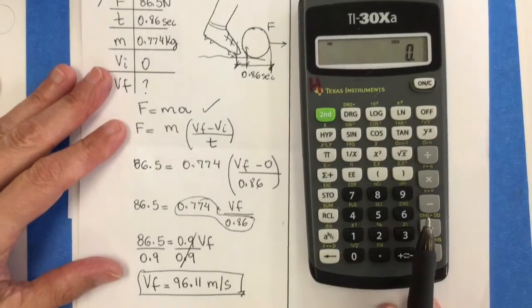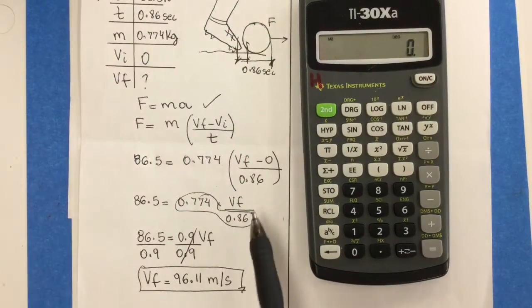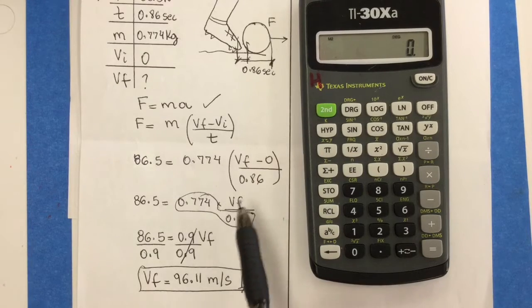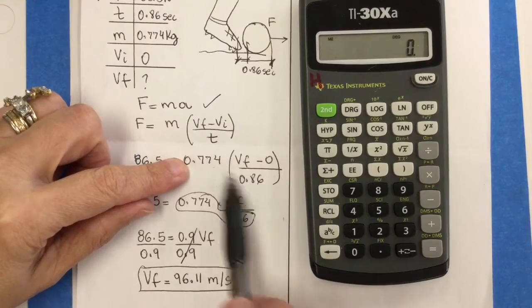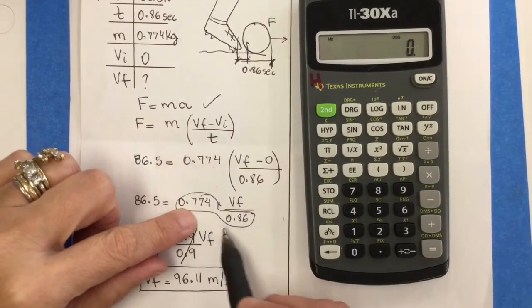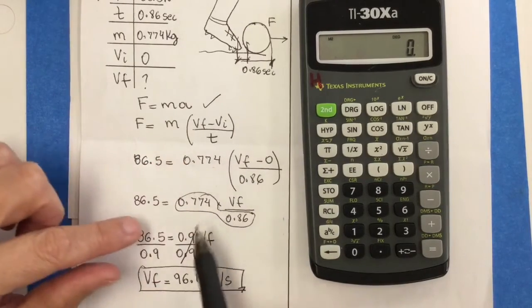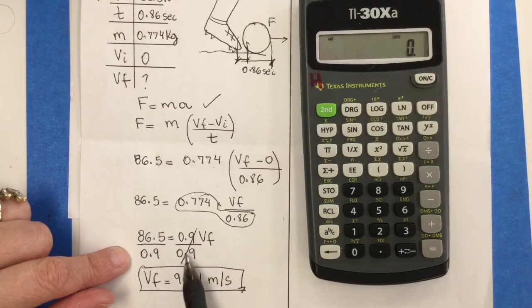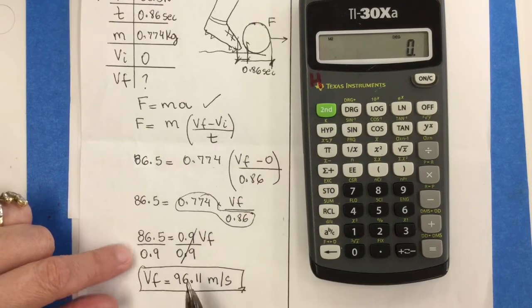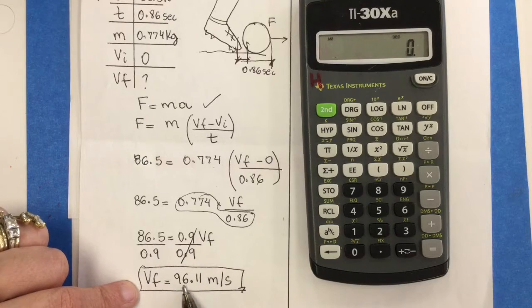Then we do our substitution. Now, here is 0, and we have this number divided by this number. We divide both terms by 0.9, and our final velocity is 96.11 meters per second.